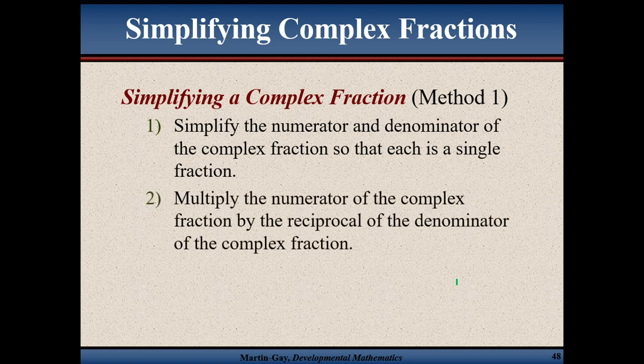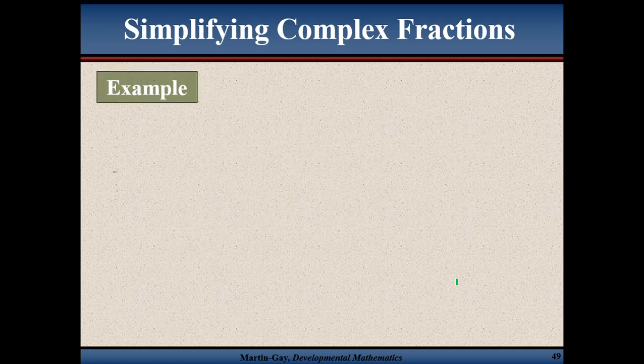Then multiply the numerator of the complex fraction by the reciprocal of the denominator of the complex fraction. Simplify if possible. So check natin.